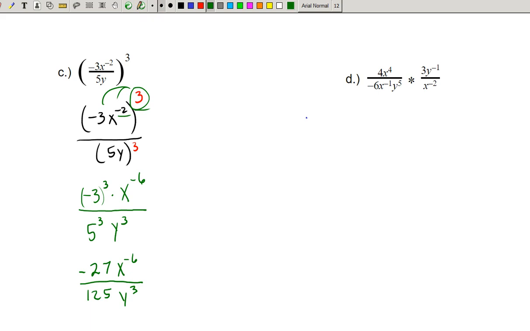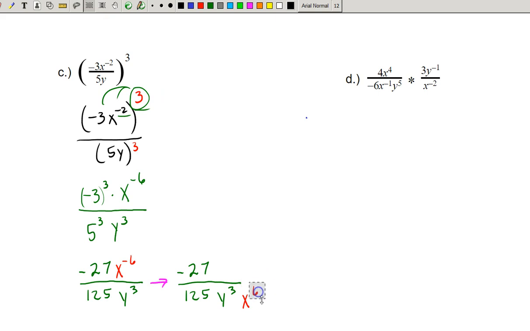So then the other thing that we want to do is take negative exponents. So this right here, because that is a negative exponent, we're going to make that into a positive exponent, and we're going to drop it to the other side. So the process is going to be, let's say this goes to here. Okay, but as soon as we take this and we drop it underneath, we can then make that a positive 6.